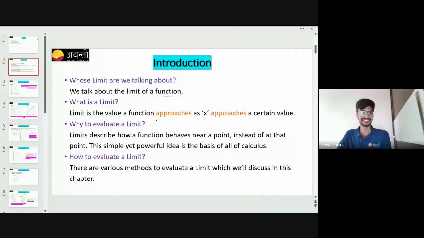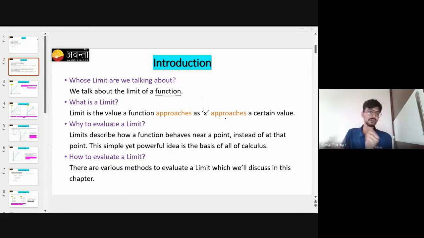Please read it very clearly. It is the value a function approaches, not the exact value, as x approaches a certain value. So by this, you got to know that limits do not talk about exact values. They talk about approaching values.